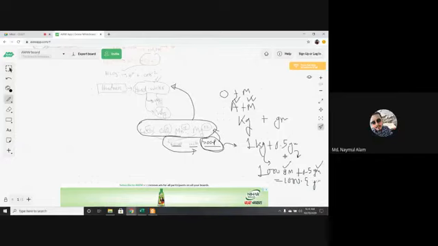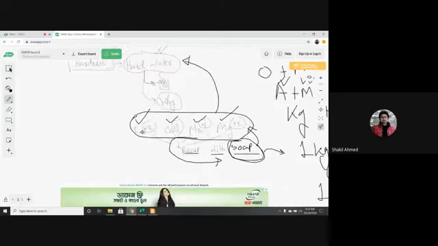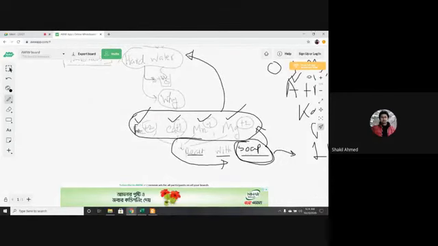Yes, sir. Similarly, you cannot add these directly because the atomic weight of these is different. Atomic weight of calcium is around 40. Atomic weight of iron is around 56 to 57 approximately. Am I right?